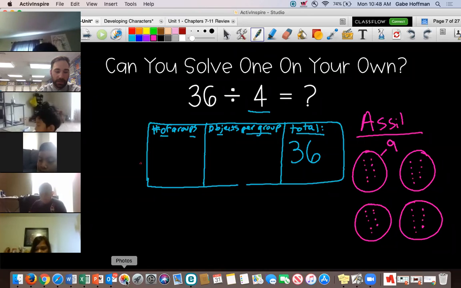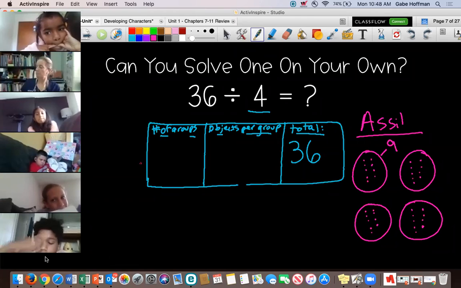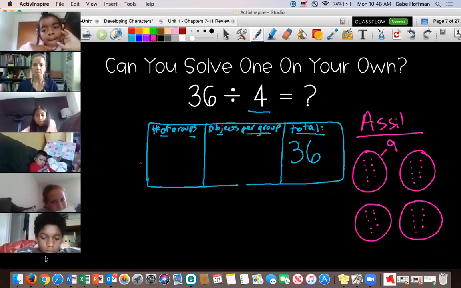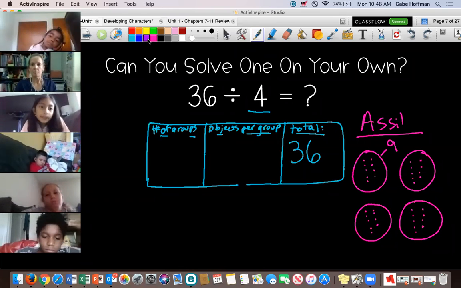Did anybody do it that way, where you put 4 objects per group? Clay, you did? Was your hand up, or you just putting your hand up? No, my hand is not up. Okay. So Ms. Weibel will talk through what that would have looked like, because it's also a good strategy.